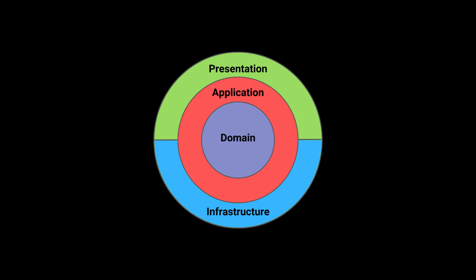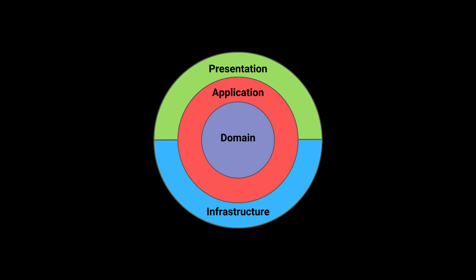Enter clean architecture. Clean architecture, popularized by Robert C. Martin, Uncle Bob, flips this concept on its head. Instead of layers stacked top to bottom, think concentric circles, with the core domain at the center. At the heart, you have entities, domain models, pure business logic, no dependencies.